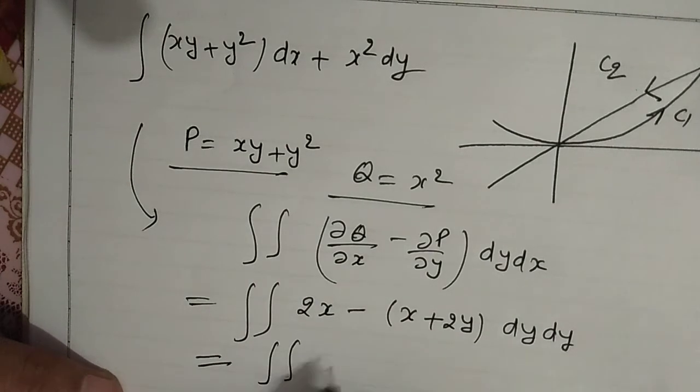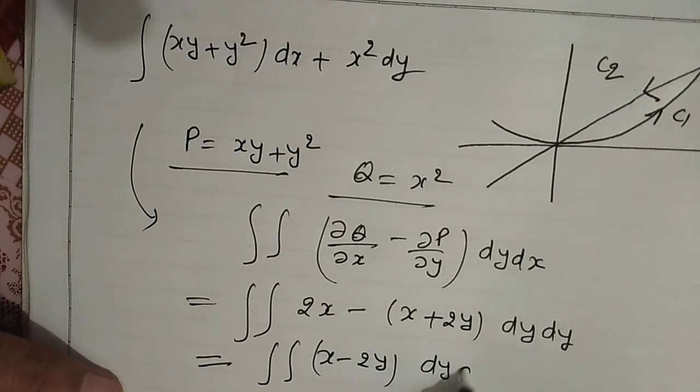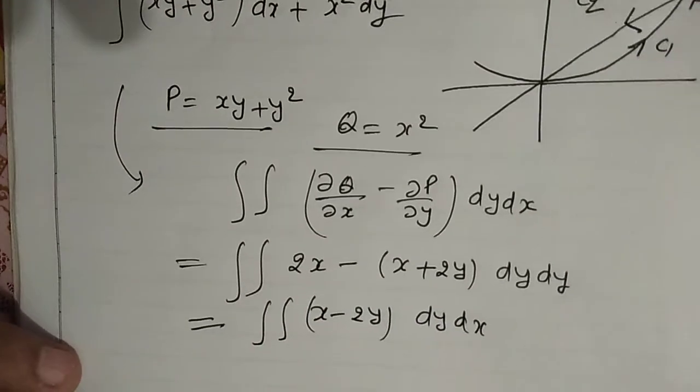So we get the double integral of (x minus 2y) dy dx.